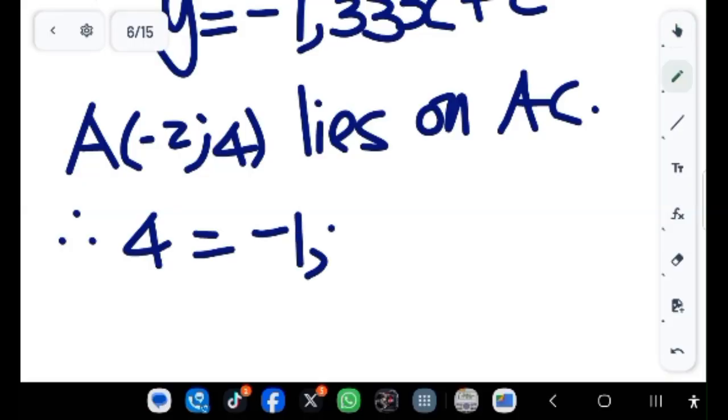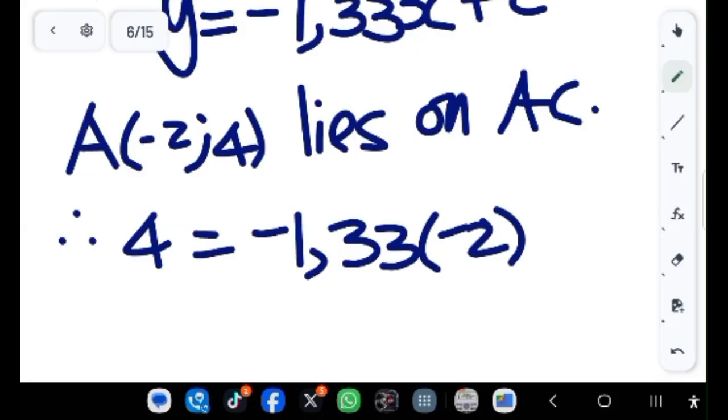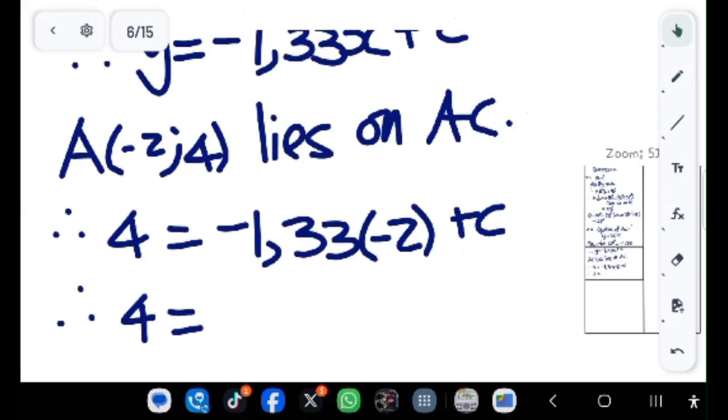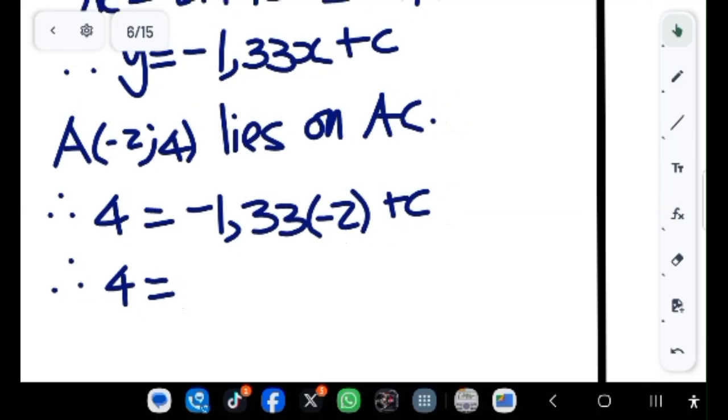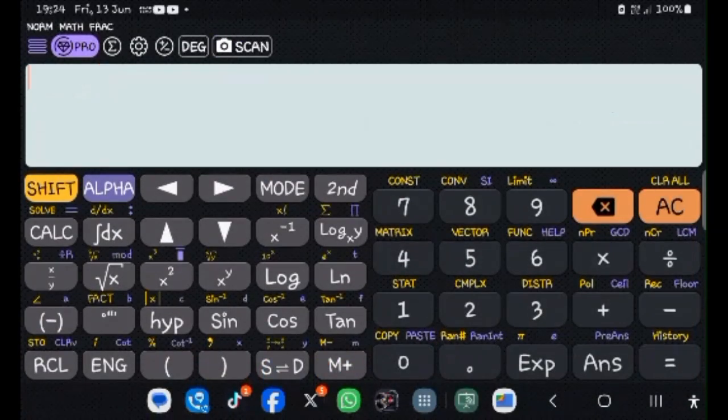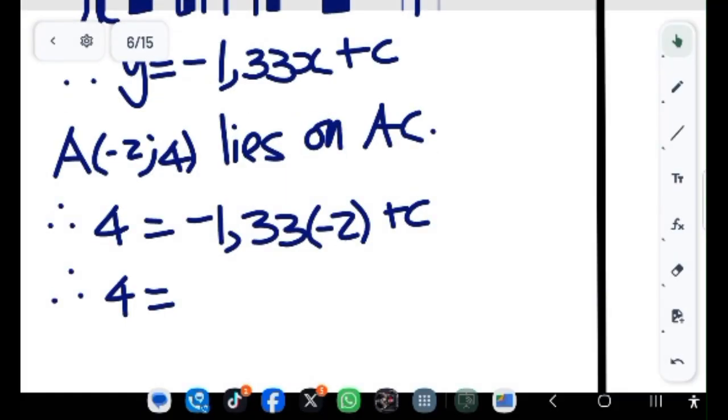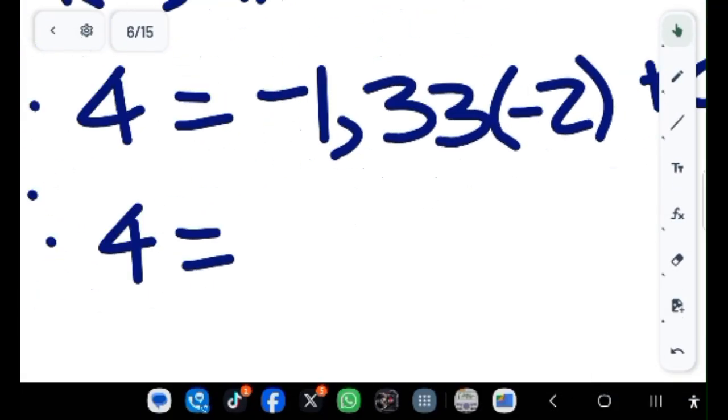Where there is x, we put the x coordinate, which is negative 2. So 4 equals negative 1,33 times negative 2 plus c, and 1,33 times 2 is 2,66.